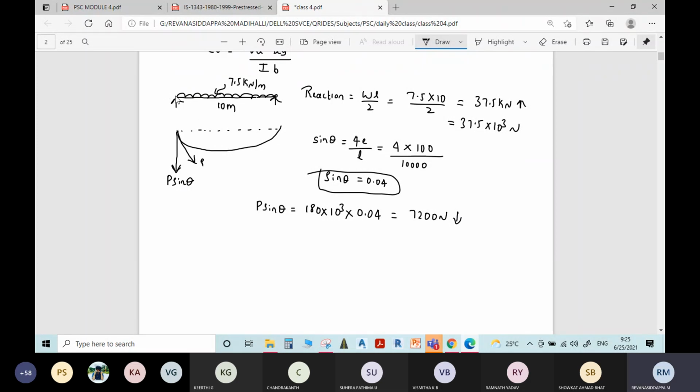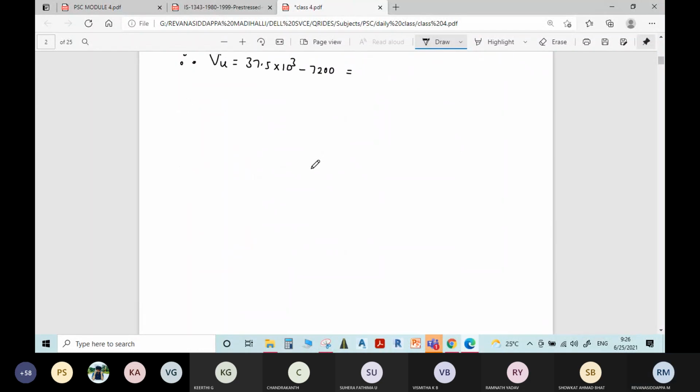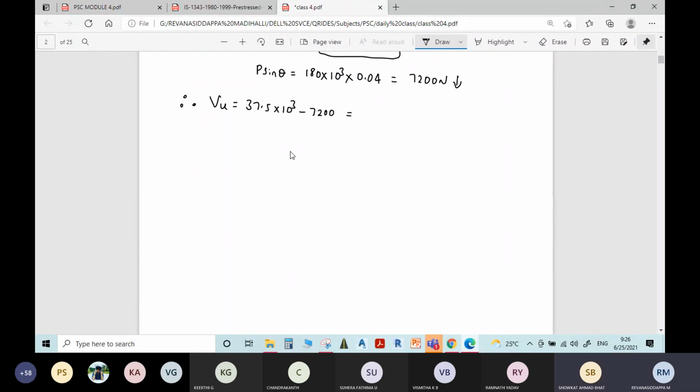Therefore, net shear force at the support will be reaction, that is 37.5 into 10 power 3 Newton, minus P sin theta. Therefore, Vu is equal to 37.5 into 10 power 3 minus 7200. What is the answer? 30300 Newton.